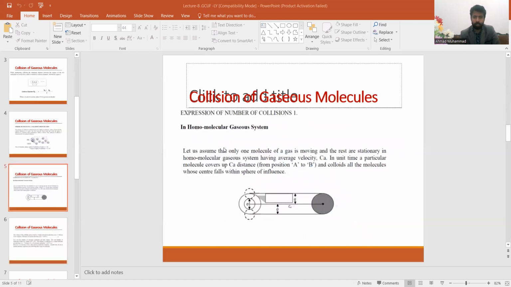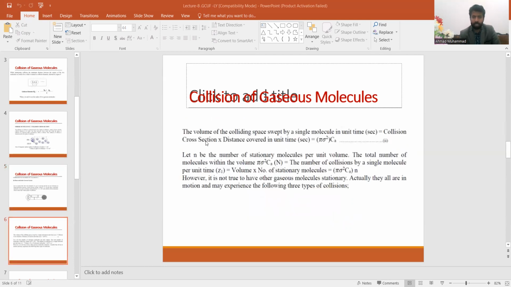For the homogeneous collision, we can assume that one molecule of a gas is moving and the rest are stationary, with the average speed of Ca in unit time. A particular molecule moves with a velocity Ca and travels from position A to B. It collides with all the molecules whose centers fall within the sphere of influence.